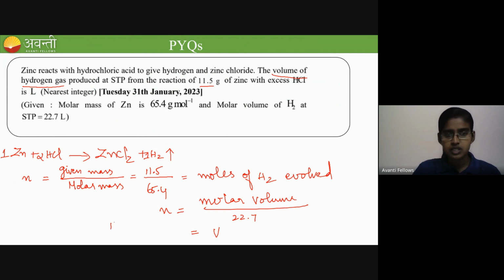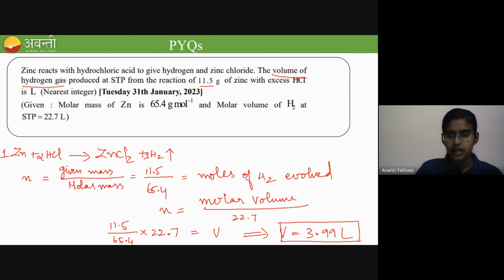Number of moles is 11.5 by 65.4 into 22.7. If we solve this, we will get the volume as 3.99 liter. So this is the volume of hydrogen gas produced at STP.